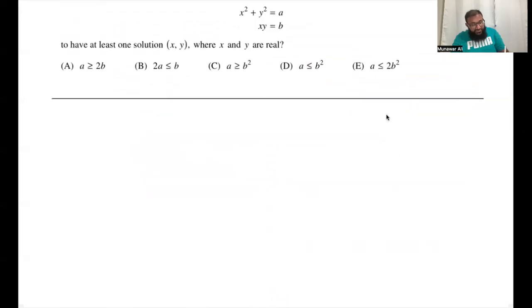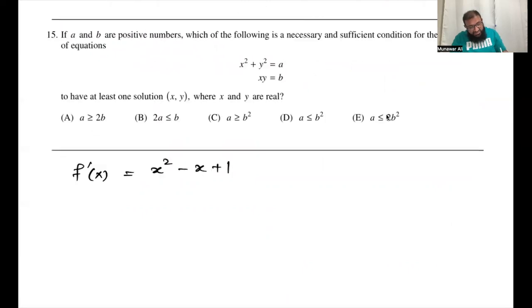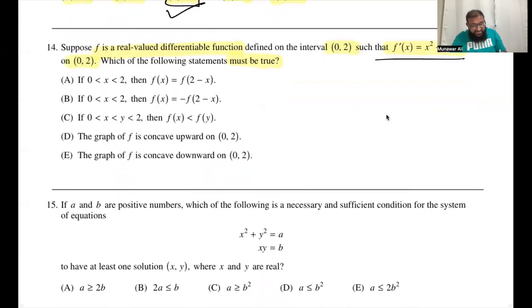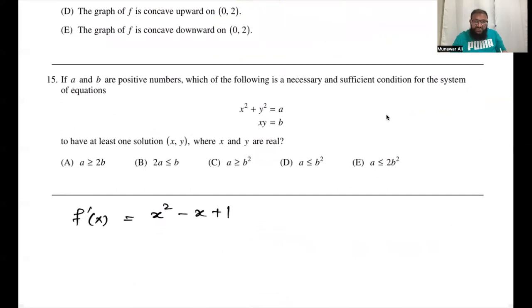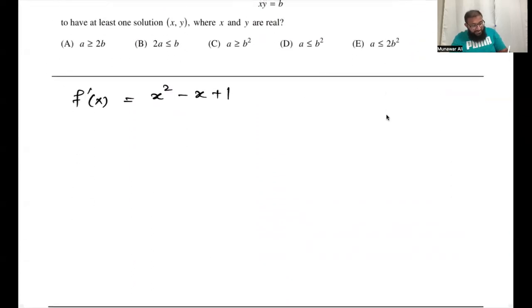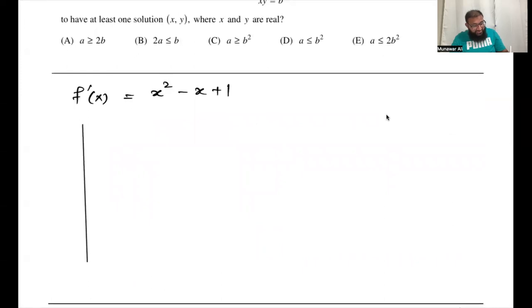But what I can do is, I'm given f prime of x equal to x squared minus x plus 1. This question is a bit tricky, and you might not expect these questions in your ordinary test. But of course, if you're going for the GRE subject test, then you will find all these questions. So the graph of the function would be, what am I doing? I'm just saying, okay, what is going to be the function at 0?